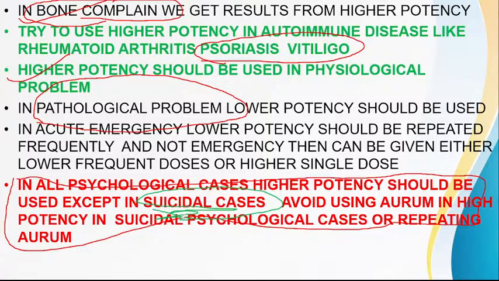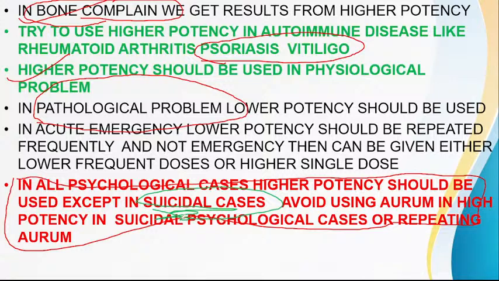Do not give a high potency medicine in suicidal cases, because whatever the problem, many times there is a chance of aggravation. If in suicidal cases the chance of aggravation increases, then an aggravation of their suicidal thoughts will occur, and that patient has a great chance of suicide. This has been dealt with by many homeopaths.